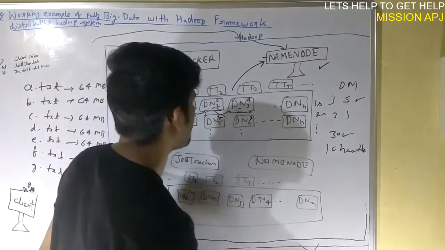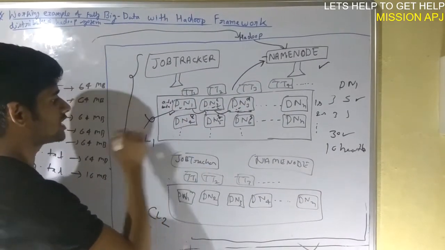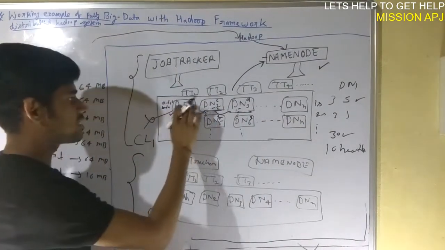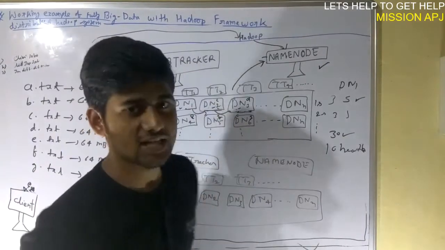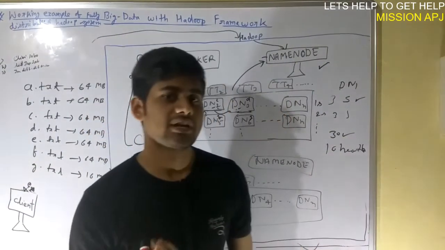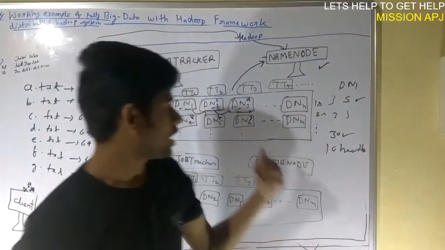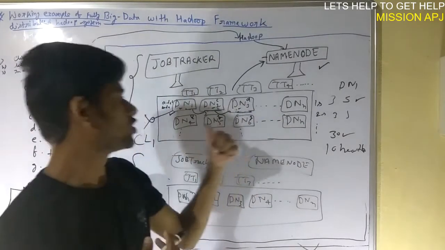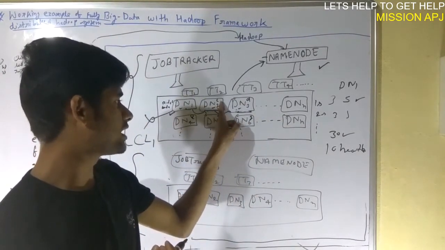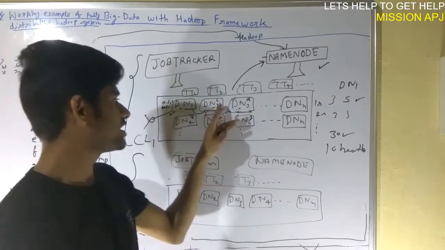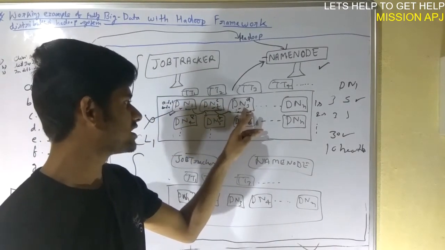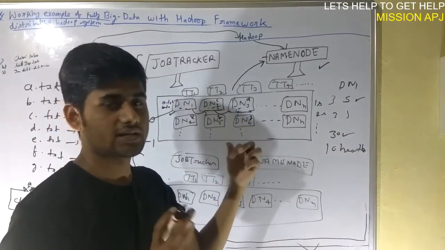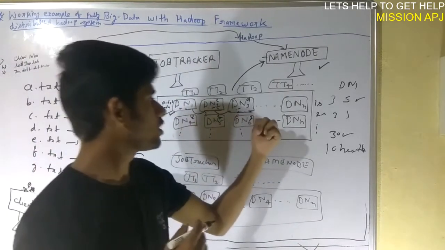Since data node 1 has failed, the data of data node 2 corresponding to data node 1 will be copied to another node, so that three copies of the data can be achieved at a time. Data node 1 has failed, so that's fine, remove it. Now data node 2 and data node 3 have the data, and another node will be kept in which a copy of data node 1's data will be stored.